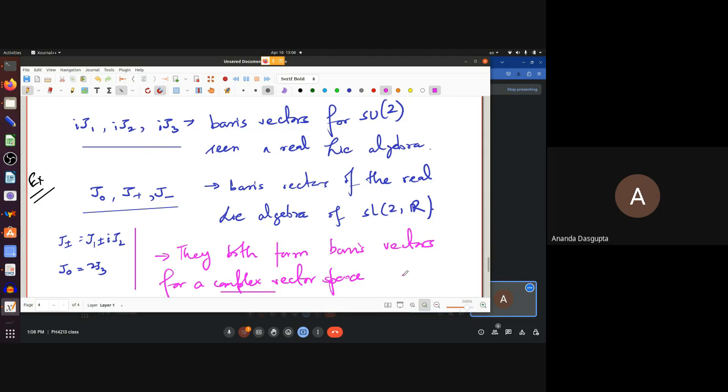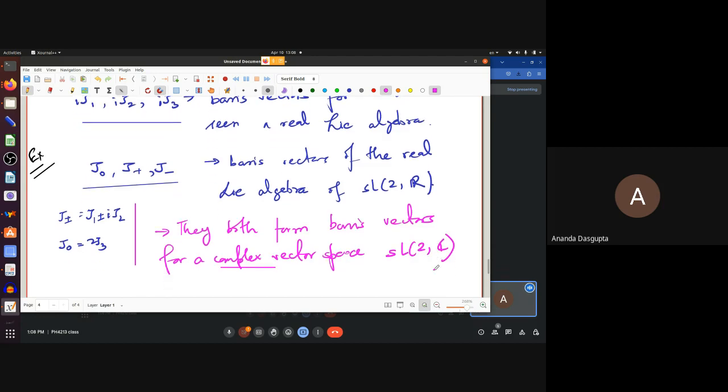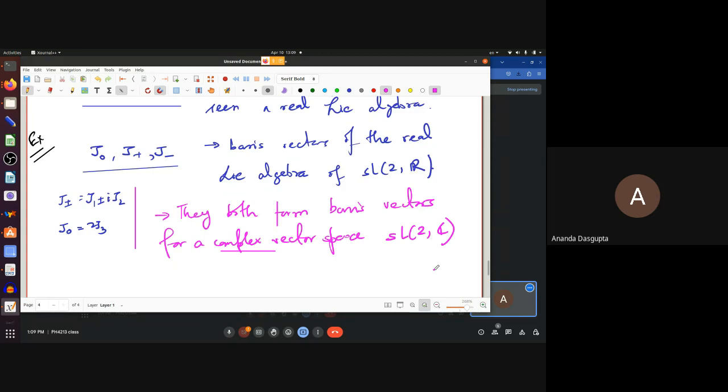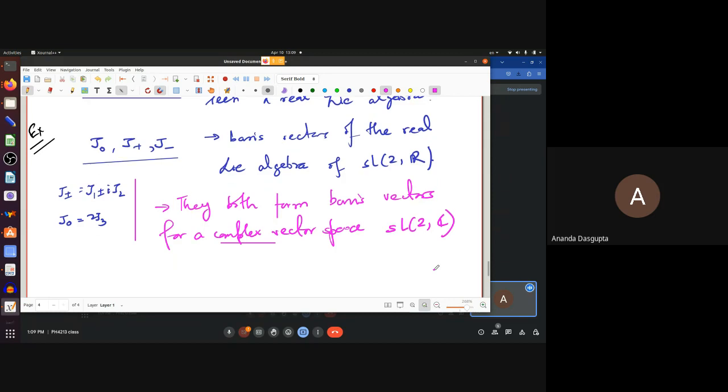And that complex vector space happens to be SL2C, that of all unit determinant 2 by 2 complex matrices. Well, that's the capital SL2C, that's a group. The algebra is the set of all traceless 2 by 2 complex matrices.